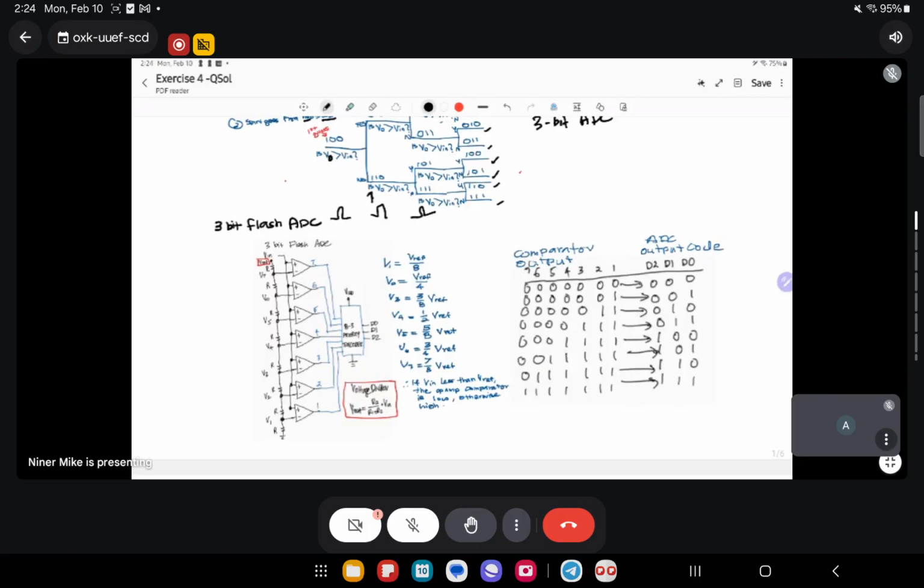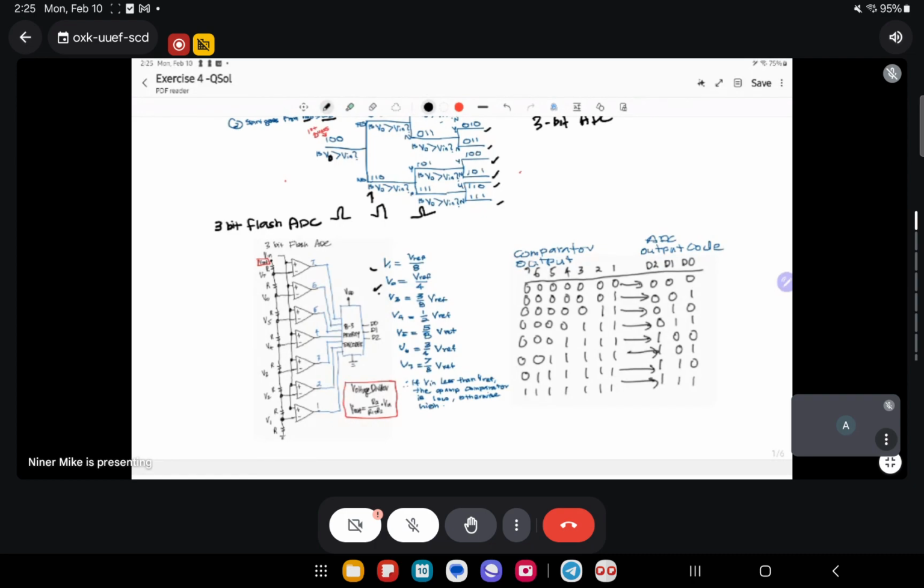Like this also, but the input is connected to every single comparator that compares against the values specified here. The values of V1, V2 and so on are decided like this: V reference divided by 8, then V reference divided by 4, then 3 over 8, a half, 5 over 8, 3 over 4, and then 7 over 8.